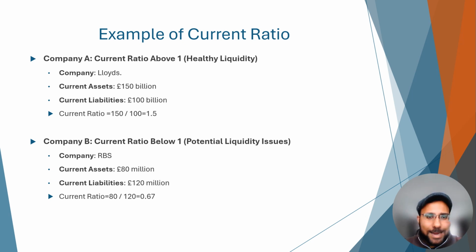If you were to divide 80 by 120, you get 0.67. Now, this could be somewhat of a warning sign of liquidity problems, as a company may struggle to meet short-term debts. Anything below 1, the company may have to rely on some form of external financing, may have to sell off assets, or face financial strain to cover these sort of liabilities.